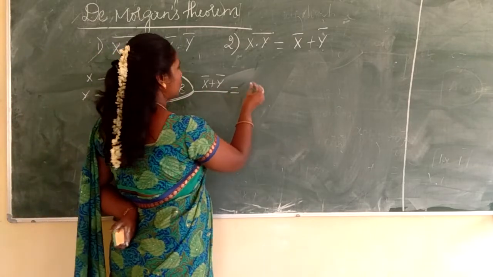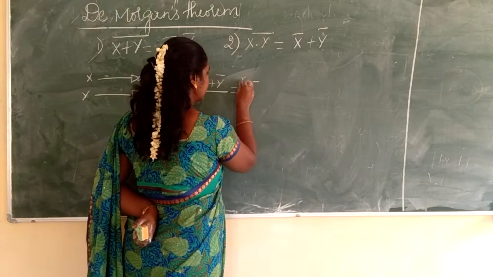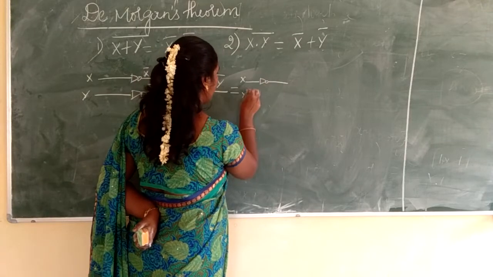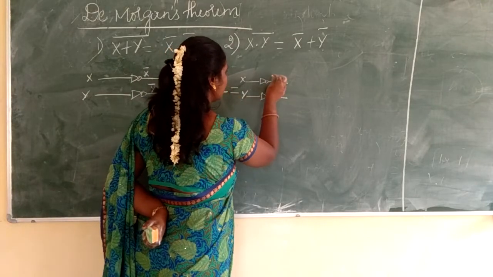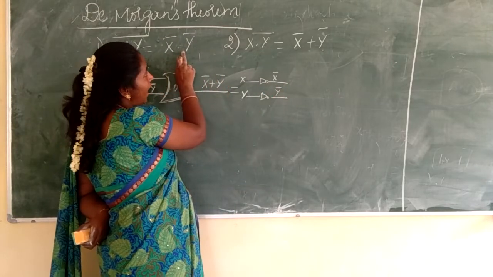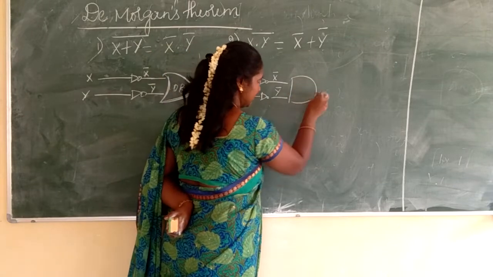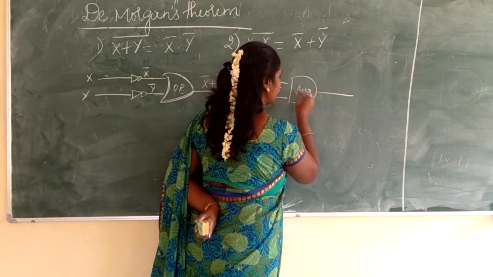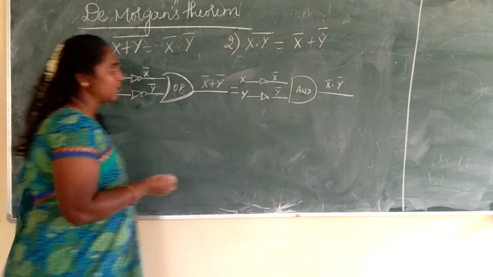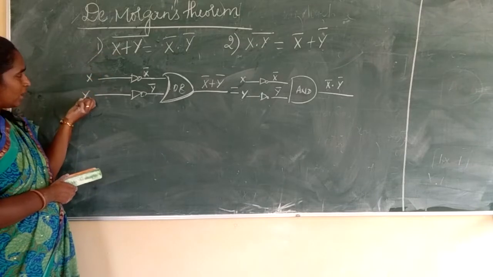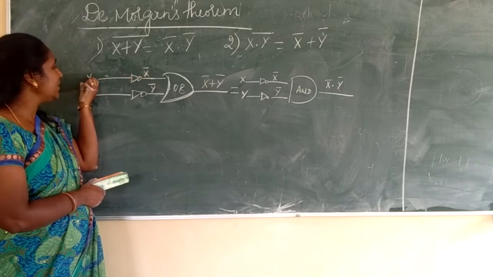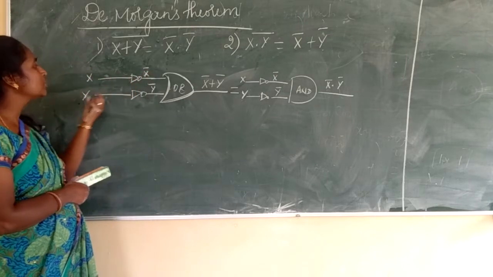This should be equal to x bar, y bar. These two should be ANDed using a logical AND gate, that is x bar into y bar. Once again I am explaining. You take your x and y as the input, use a NOT gate or inverter gate, and that becomes your complement: x becomes x complement, y becomes y complement.